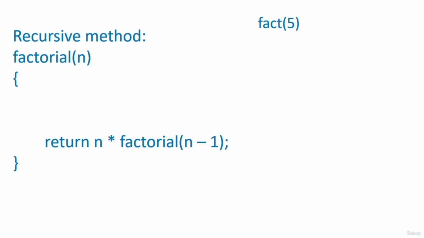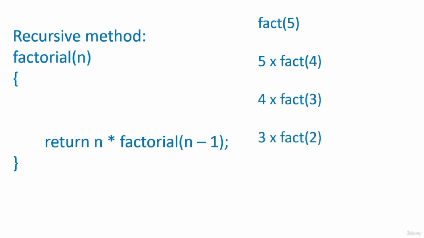So when we enter the function at first, we will get 5 into factorial of 4 in return. Again, our function goes to factorial of 4, we will get 4 multiplied by factorial of 3. And similarly for 3, we will get 3 multiplied by factorial of 2. And for 2, we will get 2 multiplied by factorial of 1.